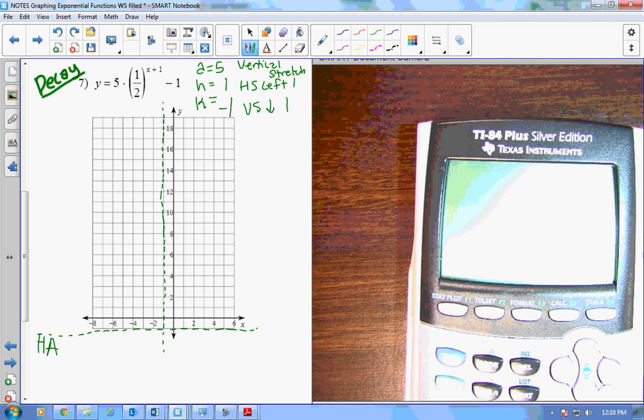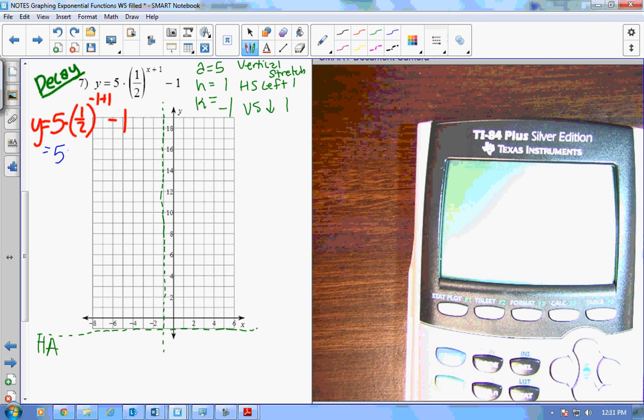Now, the question is, what would make this exponent 0? What number plus 1 is 0? -1. So that's the number we want to plug in. y equals 5 times 1/2 to the (-1 plus 1) minus 1. You do your exponents first.